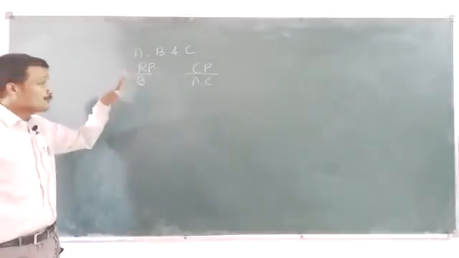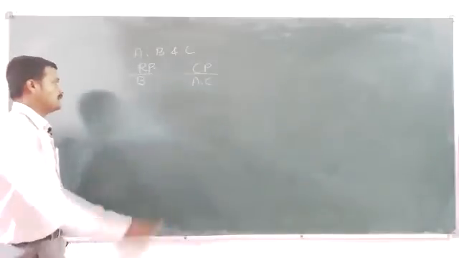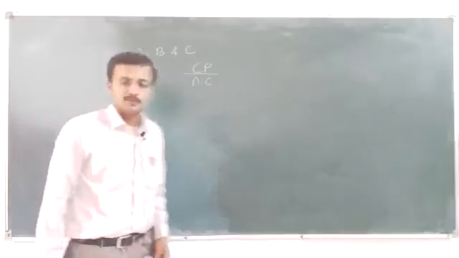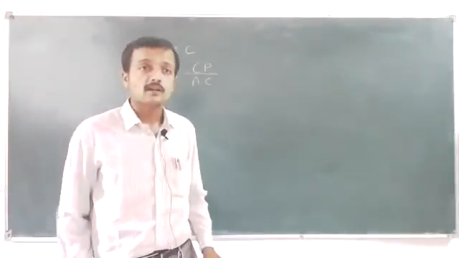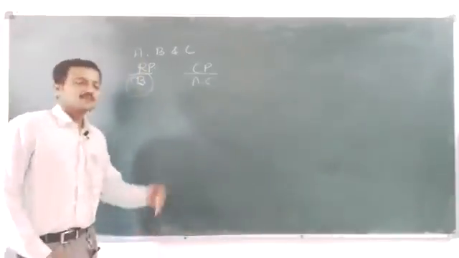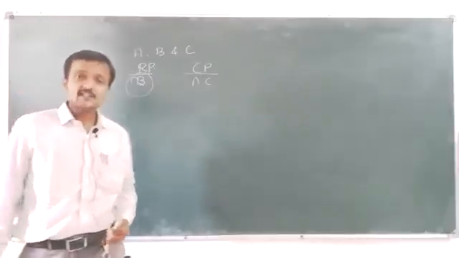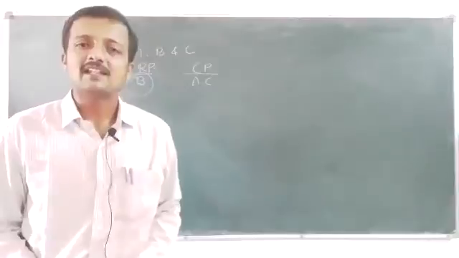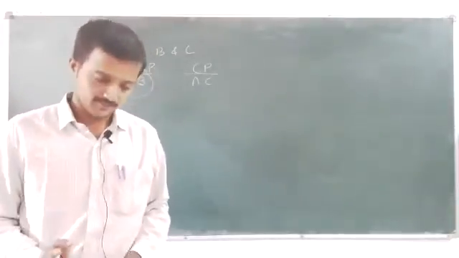After working for a long time, B is retiring and B has contributed a lot to the development of the business. He has put in a lot of hard work, and due to that, the business has reached a certain level. At this moment, when B is leaving, he should be paid extra for that part, and that is known as goodwill.